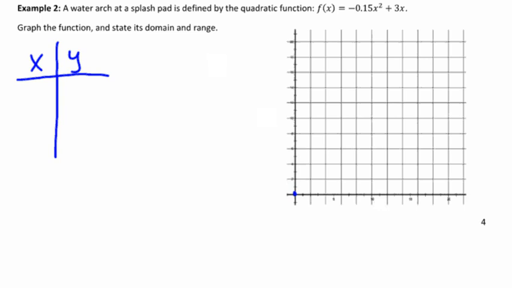I'm going to go up by 5, so 0. I know I don't have any negatives. 0, 5, 10, 15, 20, let's say.